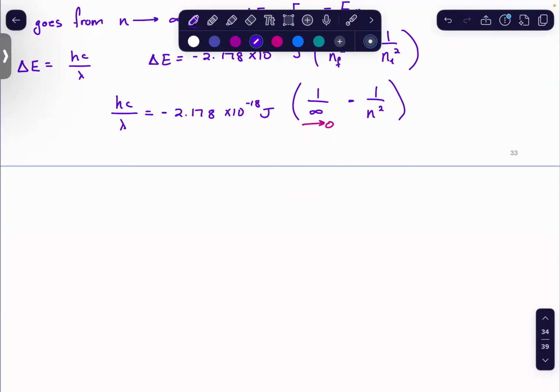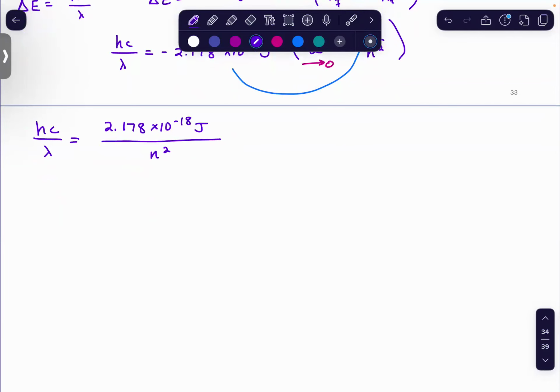So now we're going to have hc over lambda equals, and so this negative 2.178 is going to multiply inside, oopsies, up to here, and that's a negative times a negative, so you're going to get a positive 2.178 times 10 to the negative 18th joules over n squared.